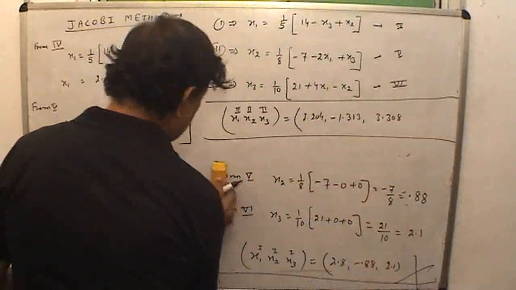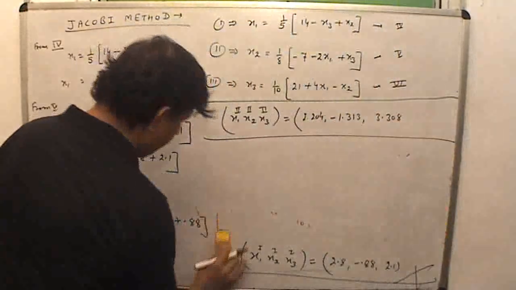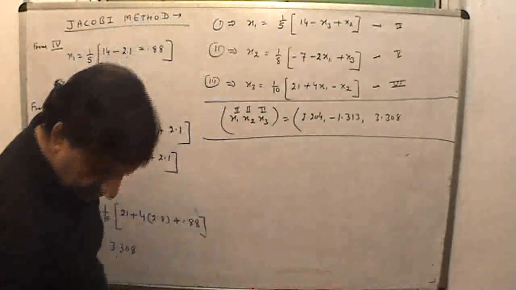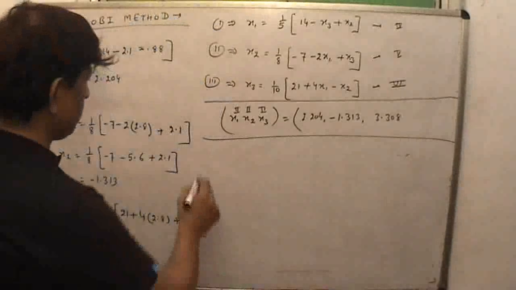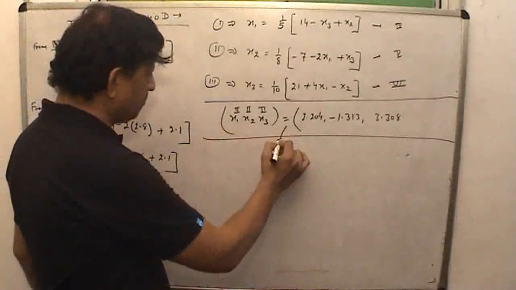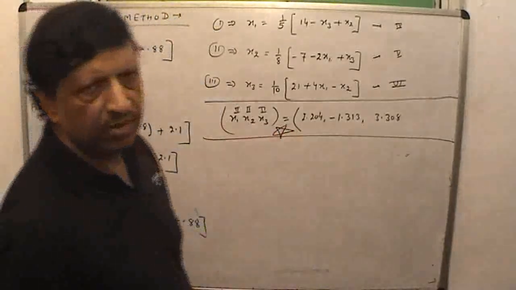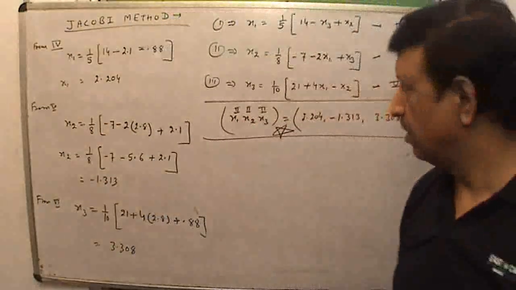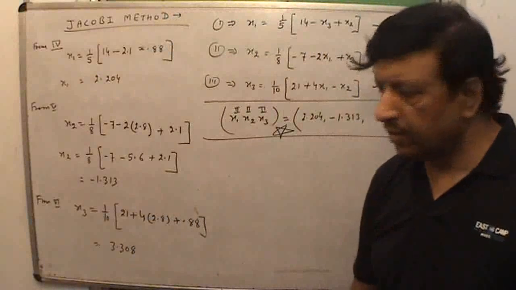Second step is complete. In this way, we continue our process. In the next step, in the third iteration, we will consider these values, and we will complete the third iteration, then fourth, then fifth, then sixth. But up to when?